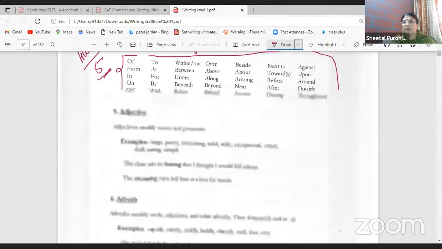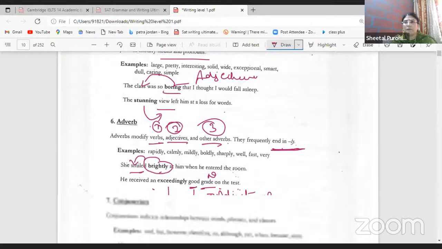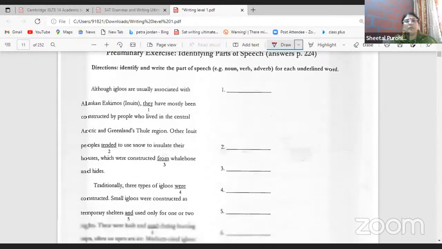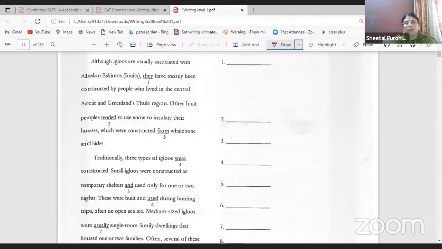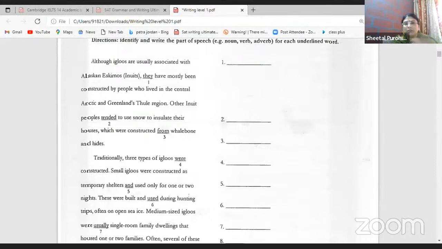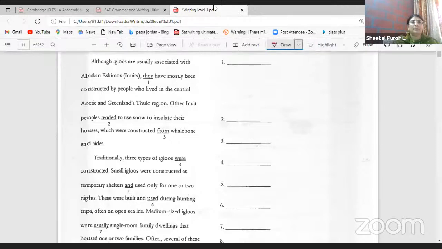So I explained to you all the parts of speech. I want you to find out the different parts of speech which are given over here. Like, the underlined part is what? Noun, pronoun, verb. What exactly is it? Questions 1 to 7, you do.